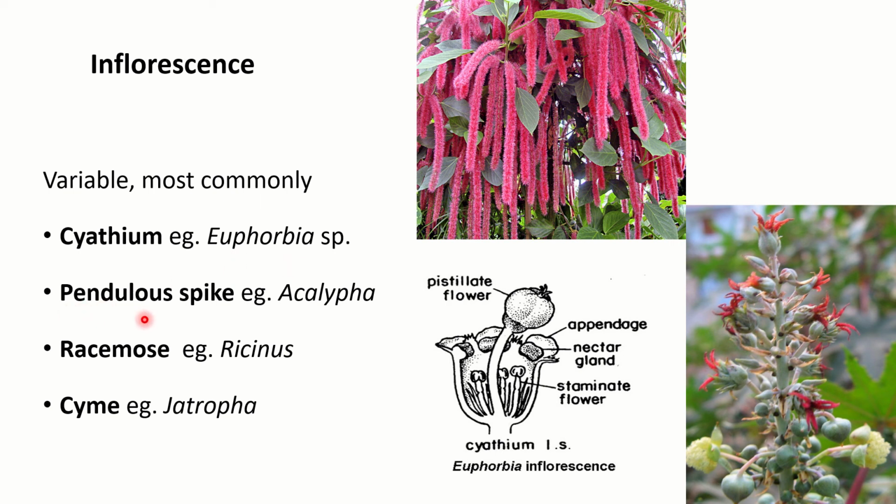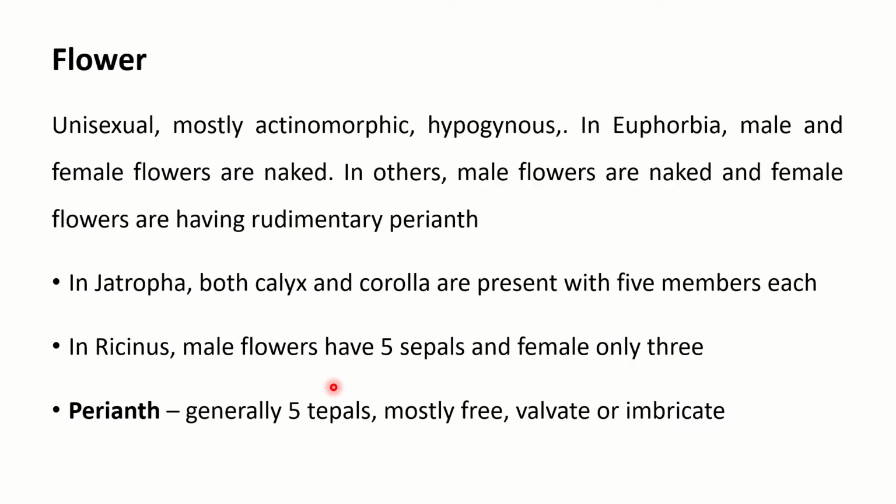You find a pendulous spike type of inflorescence, which is found in Acalypha. This is your Acalypha. You find racemose, which is there in Ricinus communis, and you find cyme in Jatropha. So please remember these types of inflorescence along with their examples.